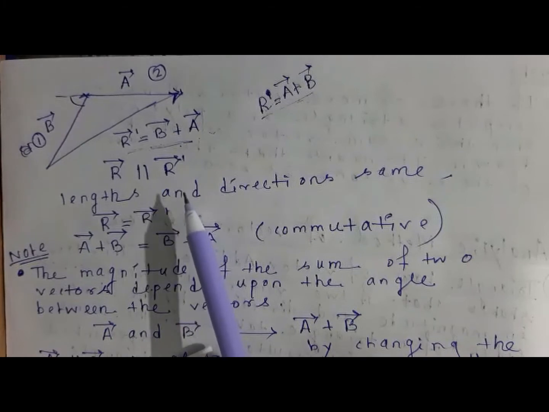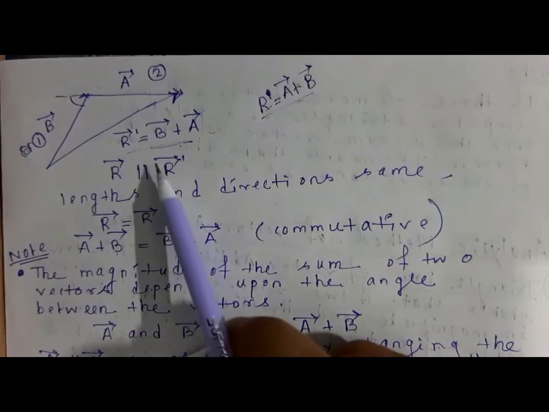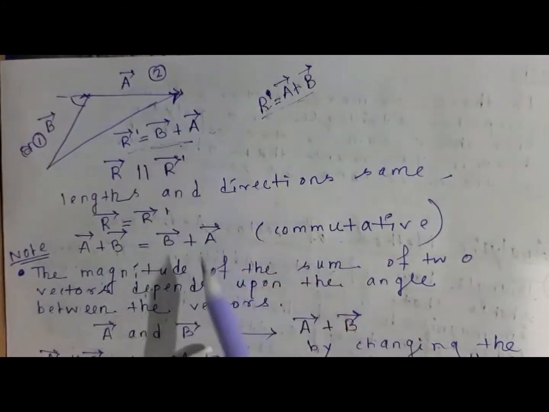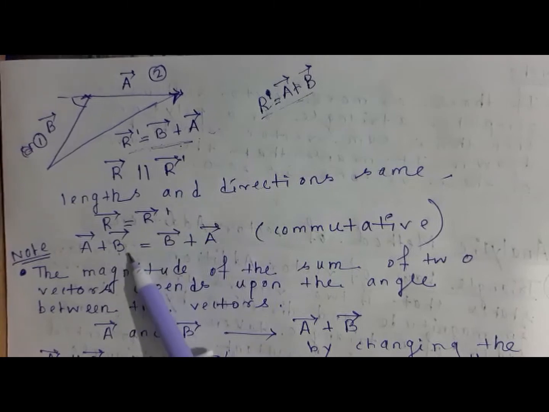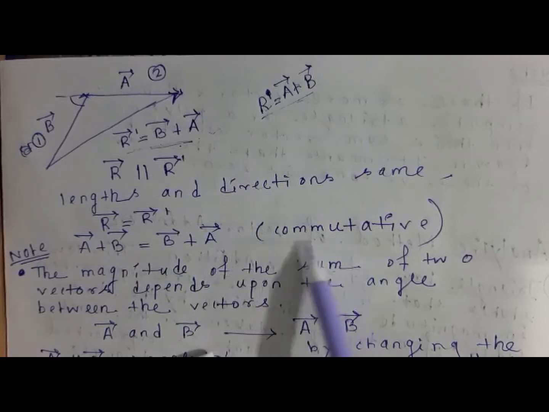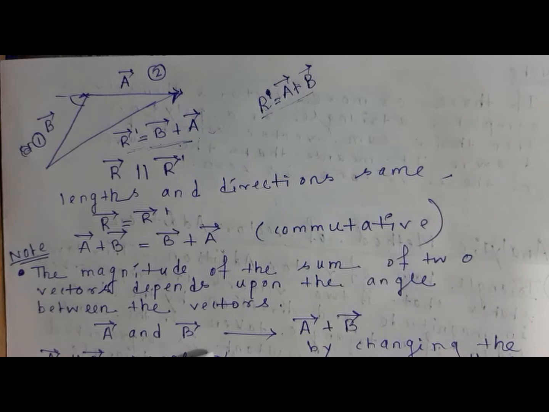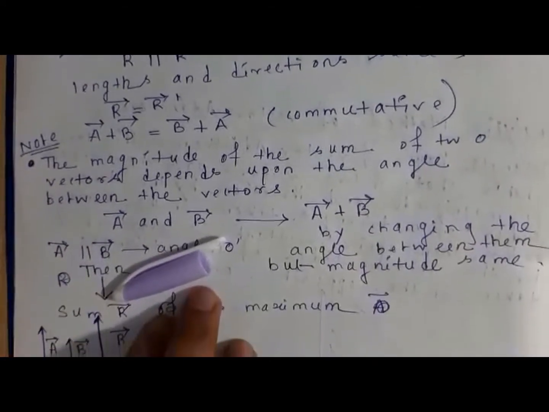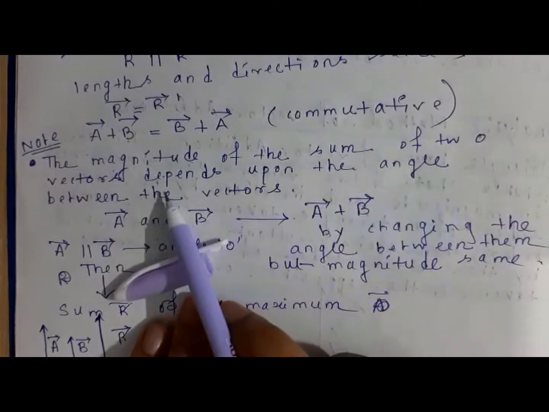So it doesn't matter whether you start from a or you start from b, as in this diagram, you get the same thing. Now a vector plus b vector is equal to b vector plus a vector, so this is showing that it is commutative.